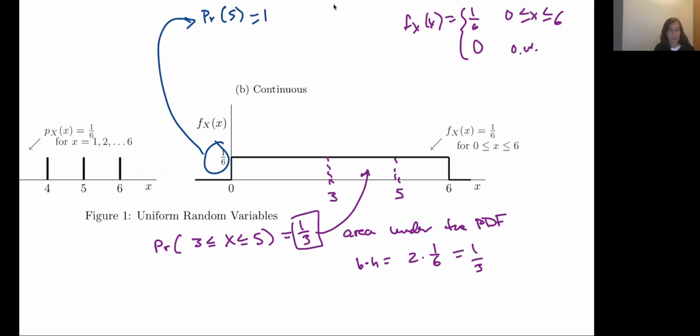Remember that from the very beginning of the class? What that means for a continuous random variable is that the total area under the whole PDF has to equal 1, has to integrate to 1. And if the base of the rectangle here is 6, what do we need for the height to get it to equal 1? We need for the height to be 1/6.